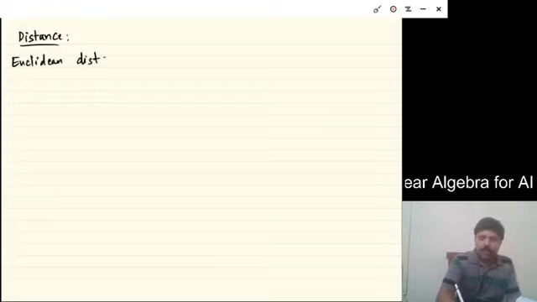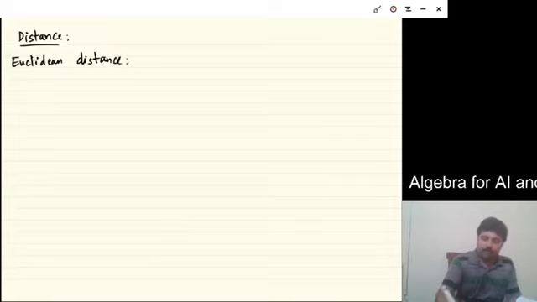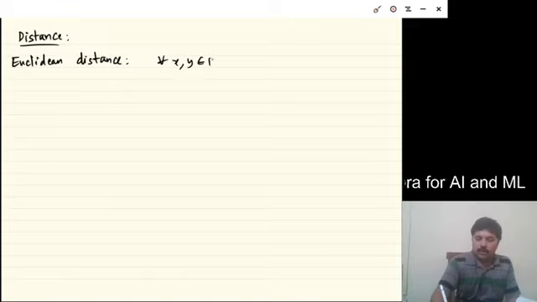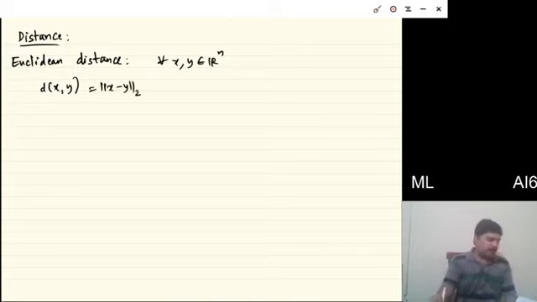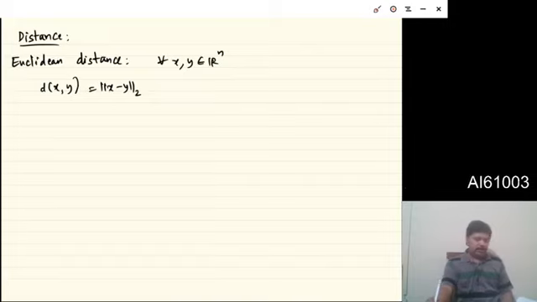How is it defined? It is defined in terms of norm. So for x and y belonging to Rn, distance between x and y is defined in this particular way.